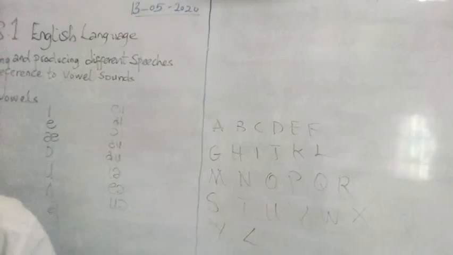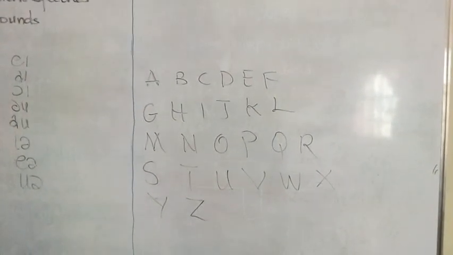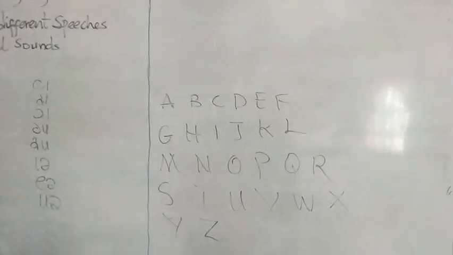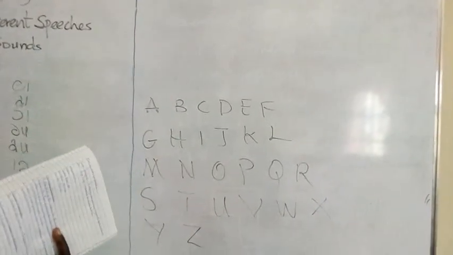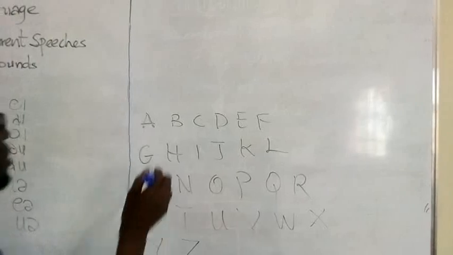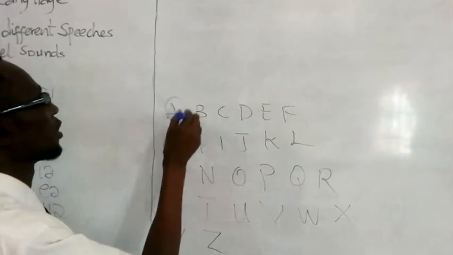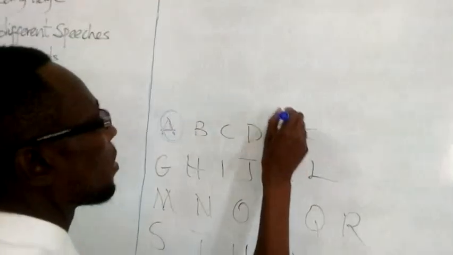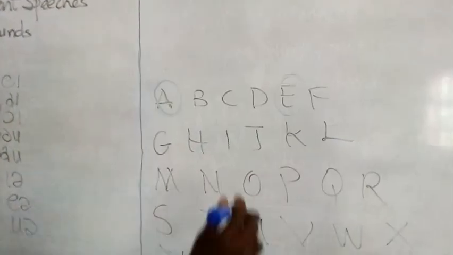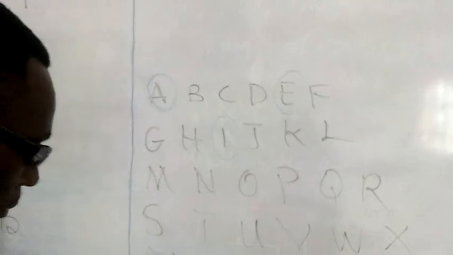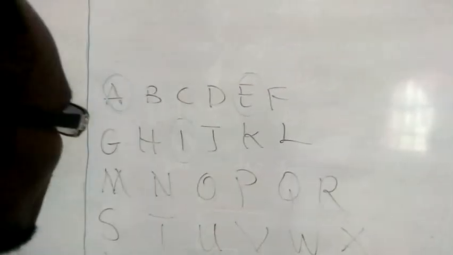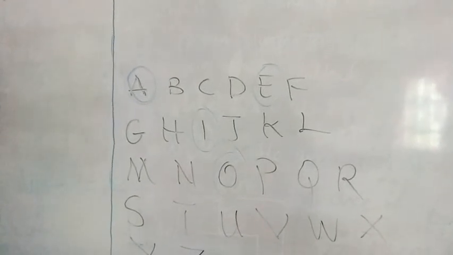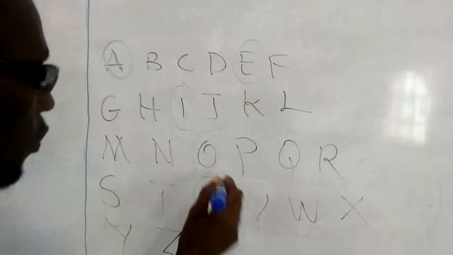So I'm going to use a different marker, I don't have a red one today, a different color to circle some of these, like this one, this one, this one, where's M, this one, and then lastly this one.